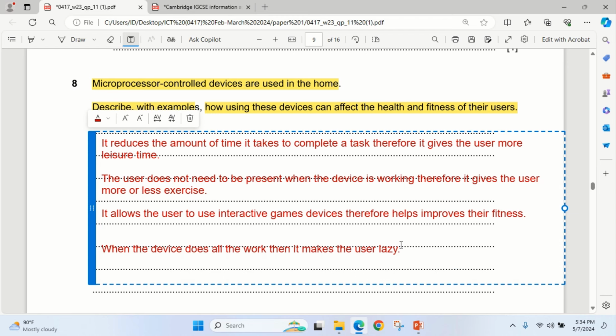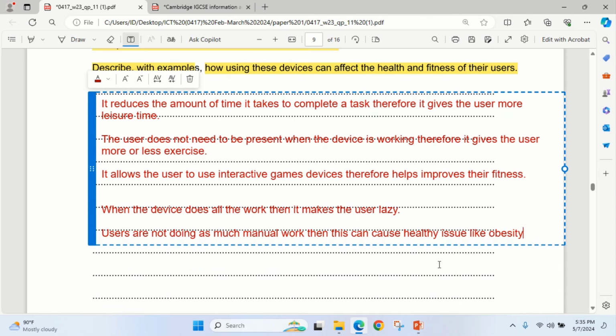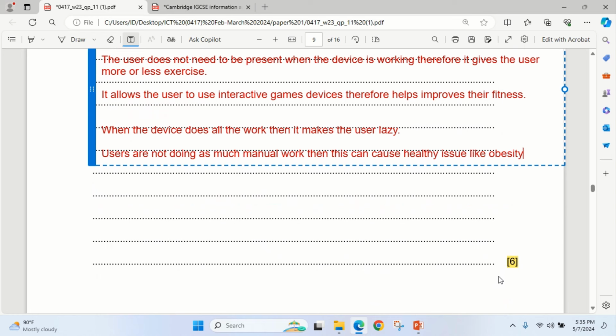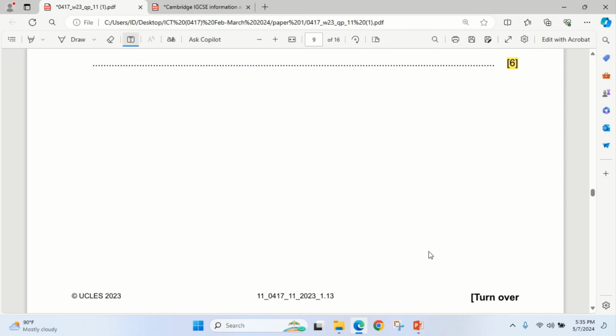Okay, if users are not doing as much manual work, then this can cause maybe obesity, a health issue like obesity. Okay, take note of that. So with this, each of these, the cause and effect, 2 marks, the cause and effect, 2 marks. So before you know it, you would have earned all the 6 marks in this question. So that is question 8.